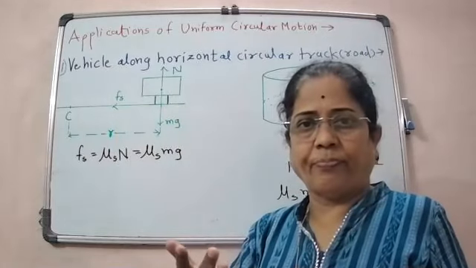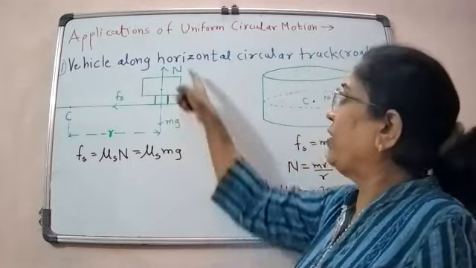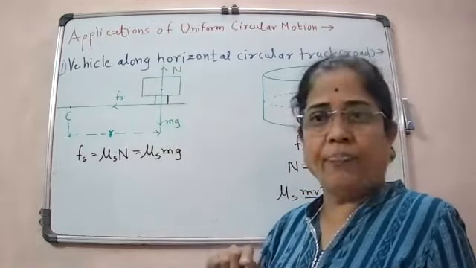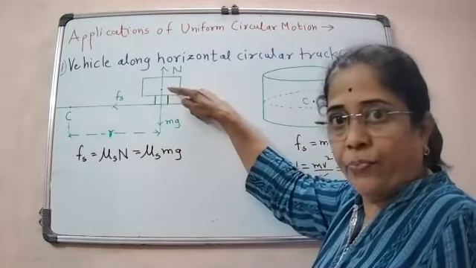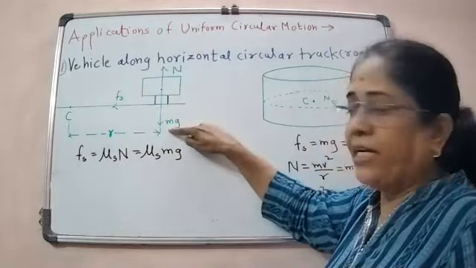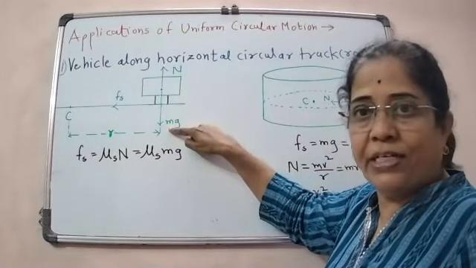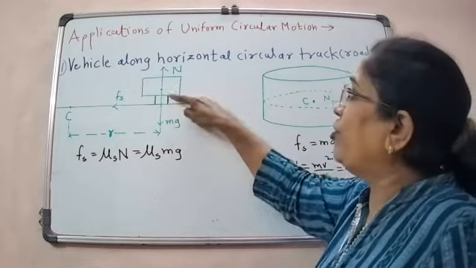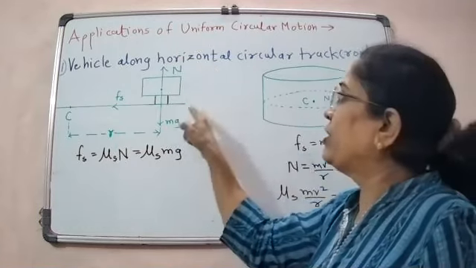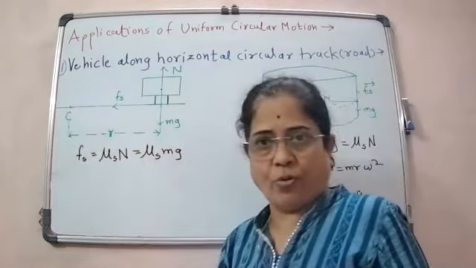Now see, what are the forces acting on this vehicle? One is the weight mg, which is acting vertically downward. And the normal reaction N, which is perpendicular to the surface of the road.